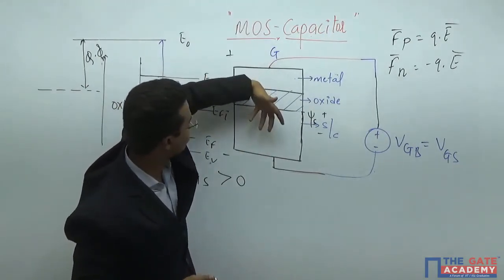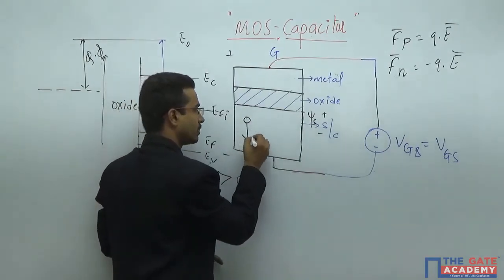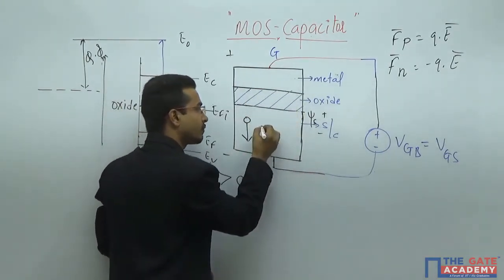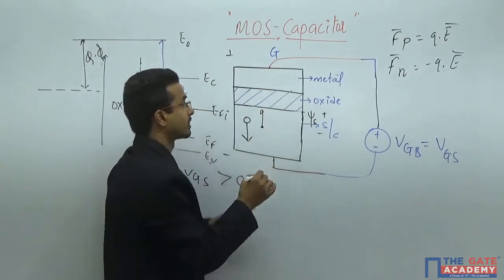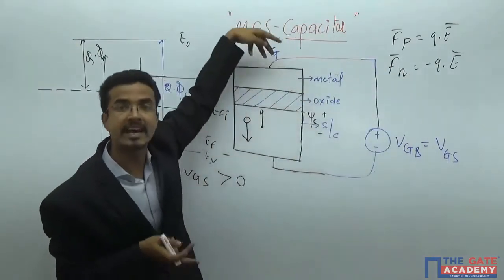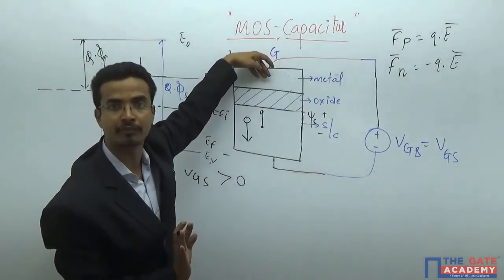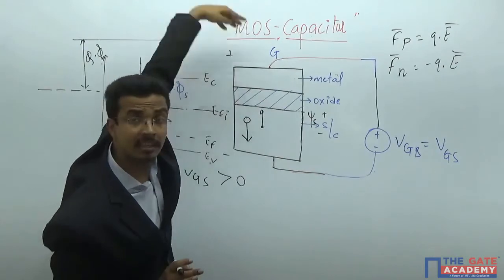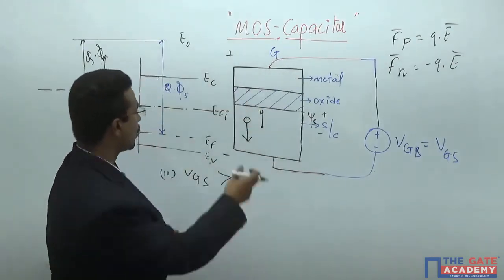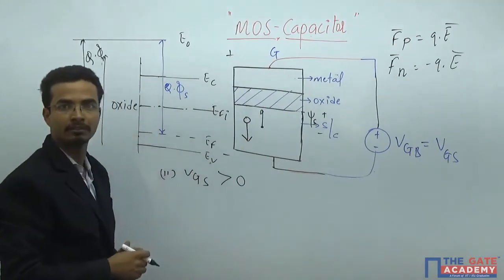If the electric field is downward, it will repel the holes from the surface and attract the electrons, with the same relation: the hole moves in the direction of the electric field and the electron moves in the opposite direction. The electric field direction is downwards, so holes get repelled from the surface and electrons get attracted to the surface.